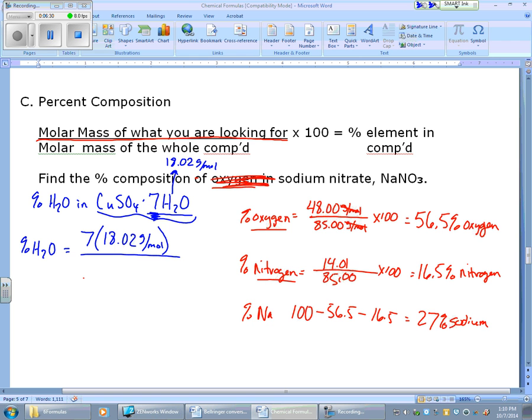So you would find the mass of the copper sulfate, or copper 2 sulfate, and I got 159.62. And then you would add the mass of those 7 waters, so 7 times 18.02. And for a total mass of 285.76 grams per mole. That's the molar mass of the whole hydrate.